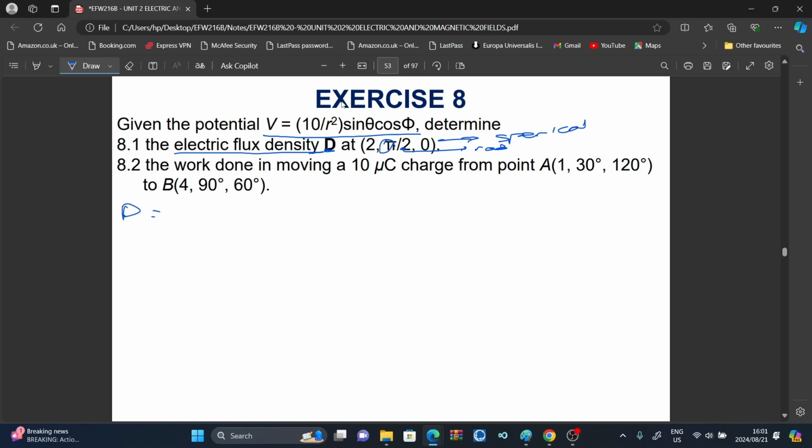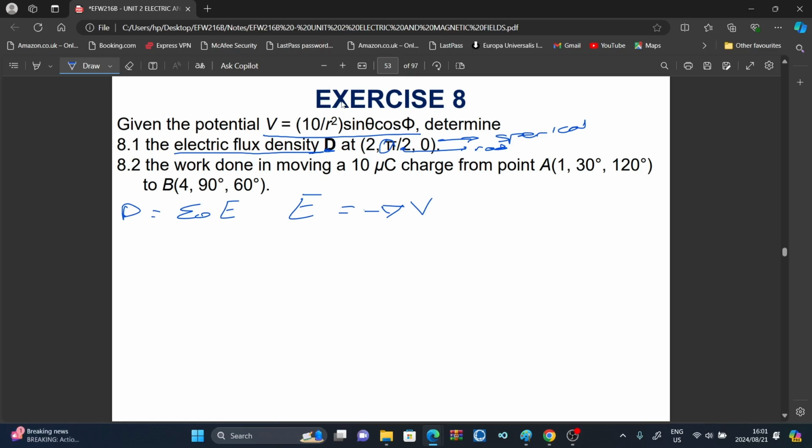Let's go to this one. We do remember our electric flux density is epsilon times E. Then our electric field is the change in the voltage, or just the distance gradient.